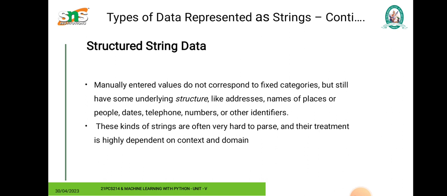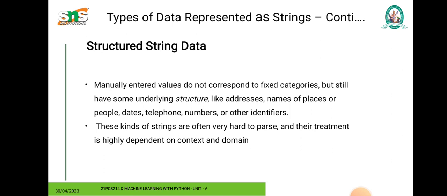Next we are going to see about structured string data. Structured string data are manually entered values which do not correspond to fixed categories. We cannot fix them, but they still have some underlying structure, like addresses, names of places or people, dates, telephone numbers or other identifiers.